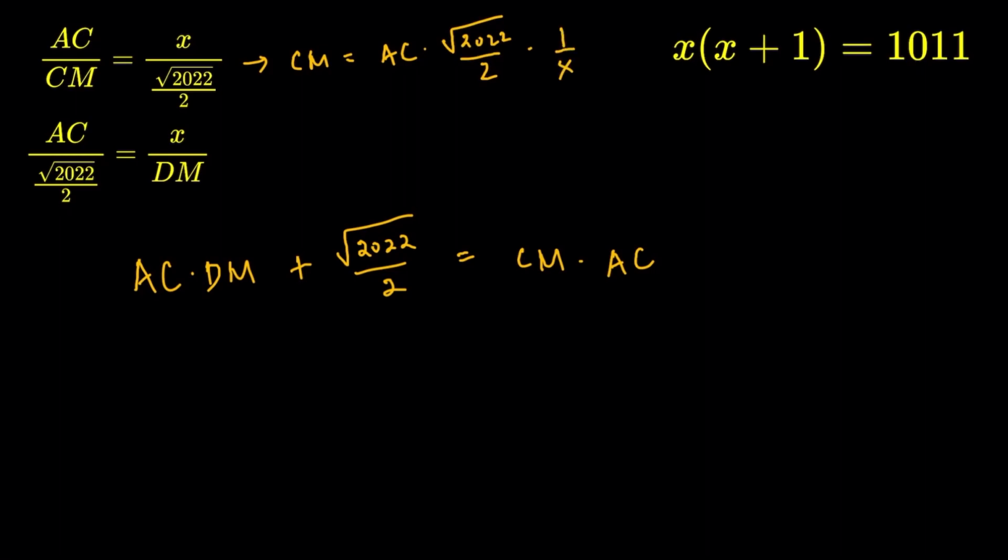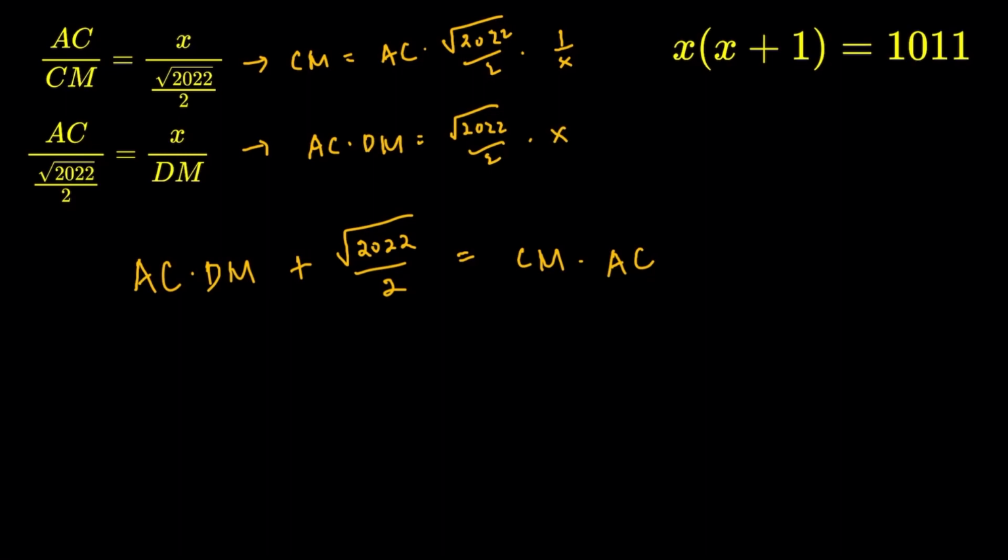Okay, there we go. And then DM over here is equal to x. Oh, you know what? I could write this as DM times AC. So AC times DM is just equal to the square root of 2022 divided by 2 times x.